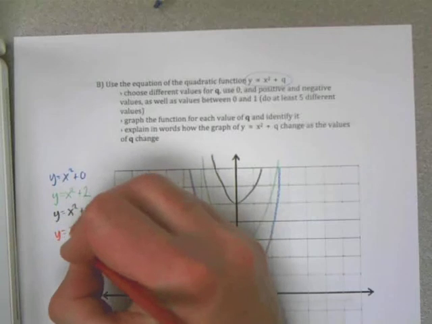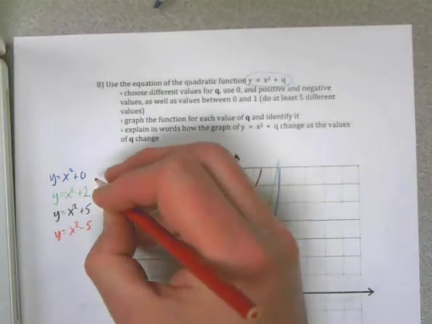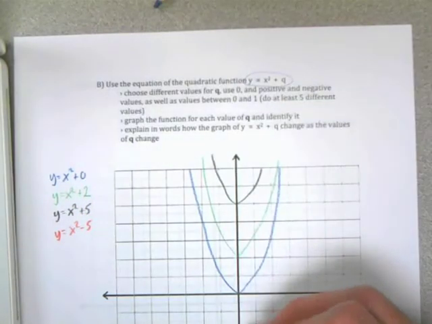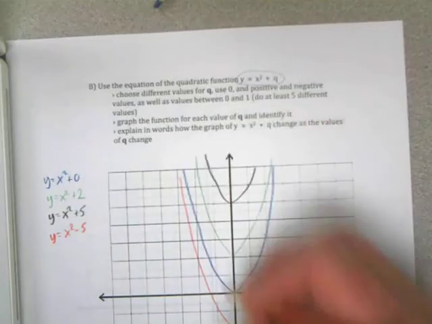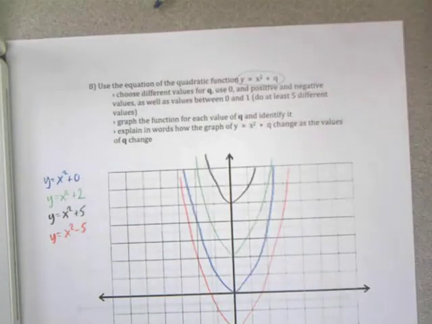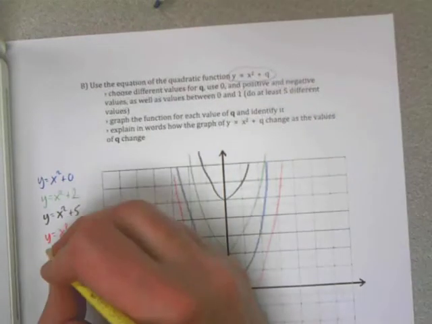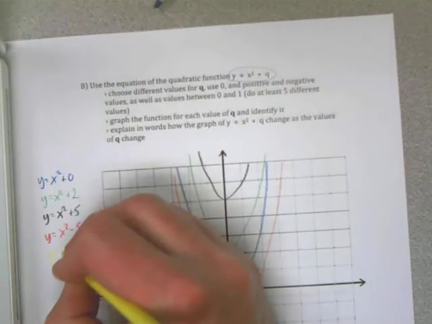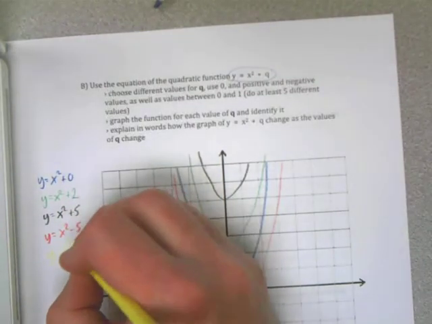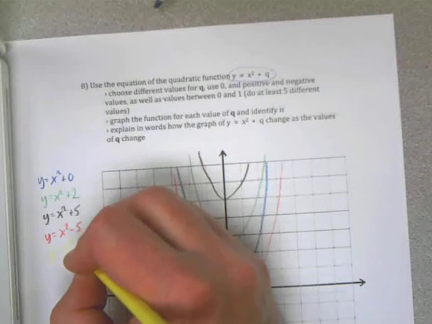Then I'm going to plug in y is equal to x squared minus 5. And when I do that in my calculator, I notice that it starts at negative 5 and still goes upward. And then the next one, I'm going to use y is equal to x squared minus 2.